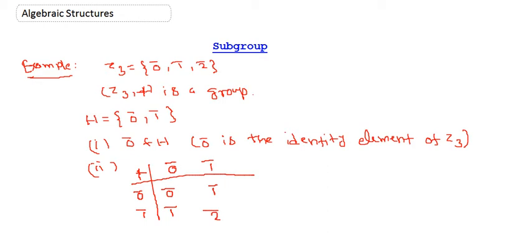Now you can clearly see that in our previous condition, we take a as 1 bar and also b as 1 bar.